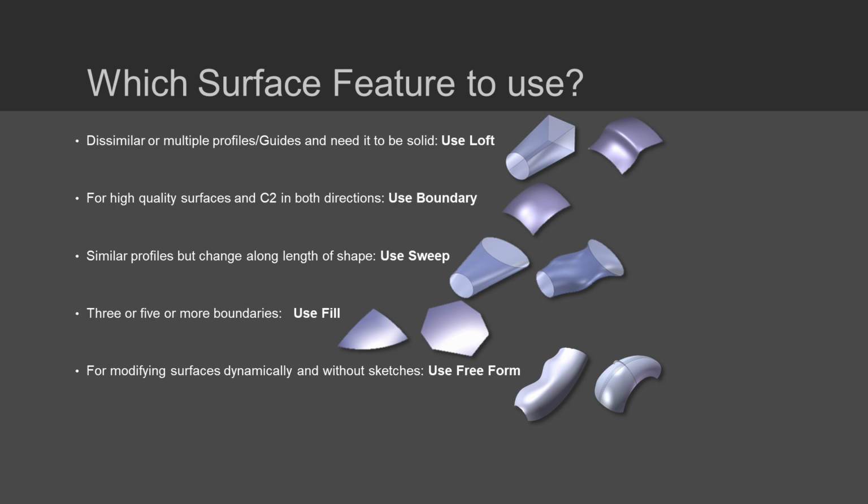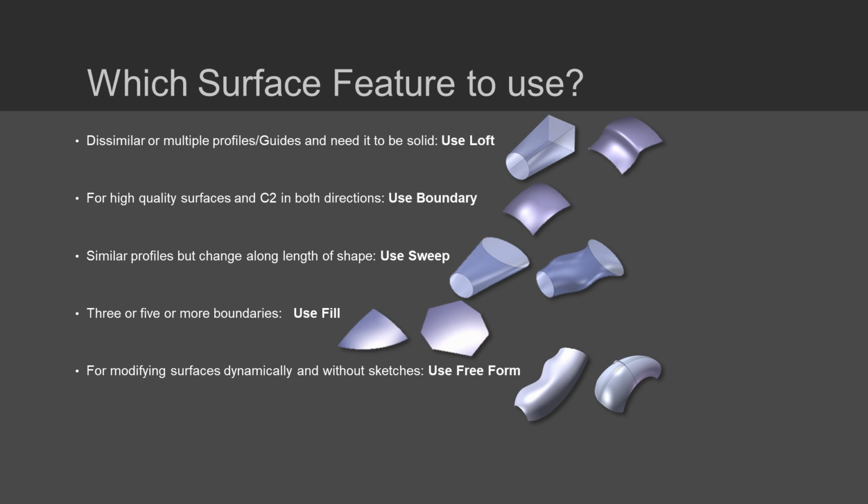It is unlike sweep, which is generally defining a profile and sweeping it along a path, or along a path and guide curves. The fill feature is different from boundary or loft or sweep in that it can intelligently fill multiple boundaries, that is 3 or 5 or more.